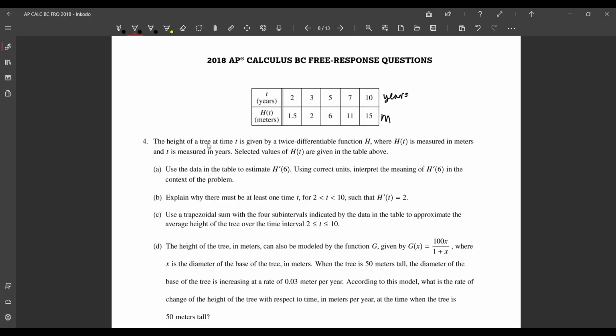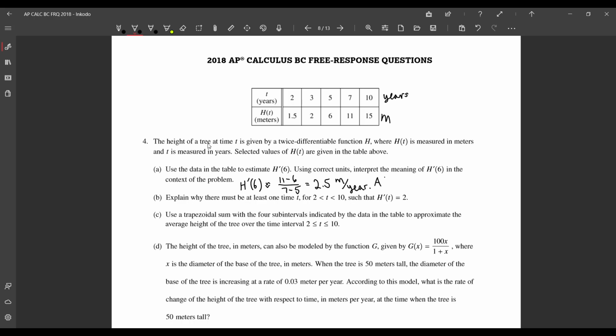I guess really the only thing that we have to get an estimate is the rate of change from 5 to 7. That's all we really have. So h prime of 6 is approximately the change in h over the change in time. So that's going to give us 5/2, and this is 2.5 meters per year.